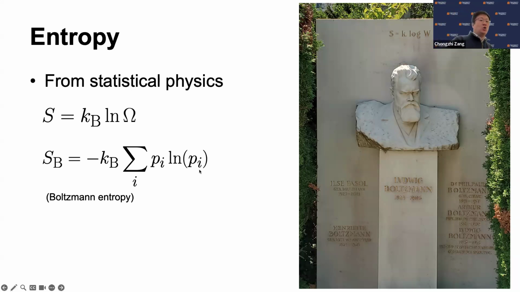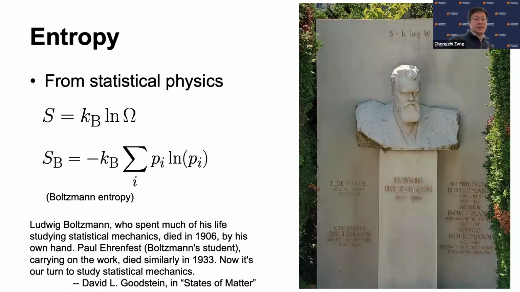If we do know the probability, each state would be 1 over the number of total states, so it can also be represented with a negative sign after taking the log. That's also the Boltzmann entropy. Another way of representing it is the negative Boltzmann constant times the sum over the probability times the log of its probability. In other words, it's the expectation value over the probability distribution.